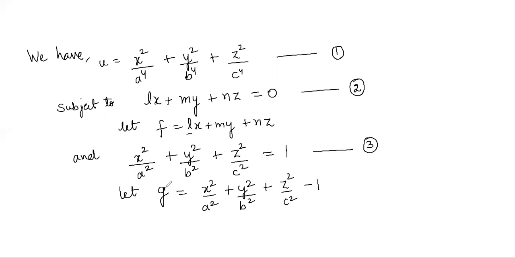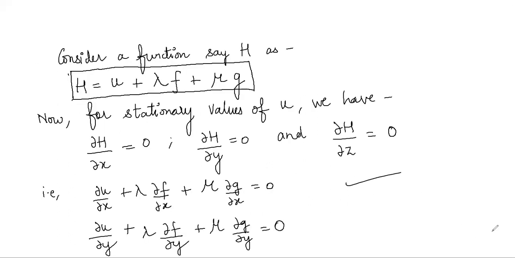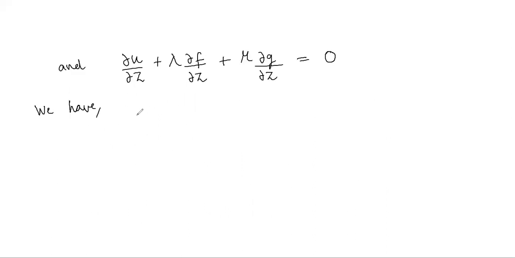Then we need del g by del x. Del g by del x will be evaluated from the definition of this function g. From this g, we will be getting del g by del x as 2x upon a square. So we will be putting all these three partial derivatives in this equation. So it will be 2x upon a raised to power 4.